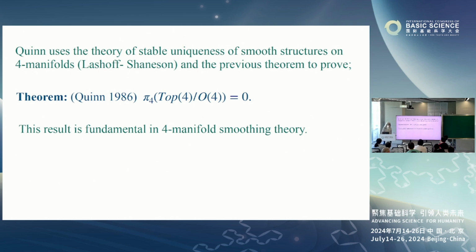which the reason why Quinn was interested in that is because he's very interested in smoothing theory. And this sort of stable pseudo-isotopy theorem enables, assuming that Quinn was able to prove this, pi 4, this group Top 4 modulo O4, is equal to 0, which is a fundamental theorem in smooth 4-manifold smoothing theory.